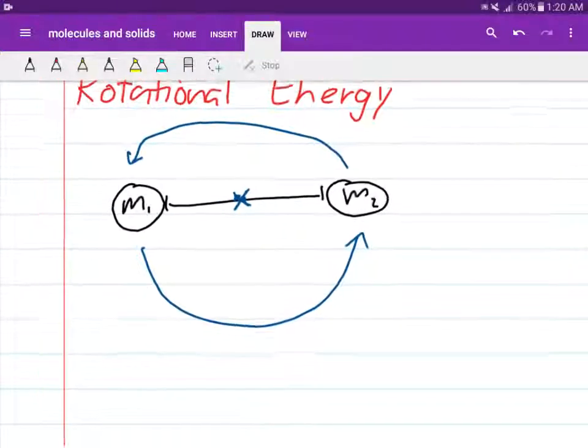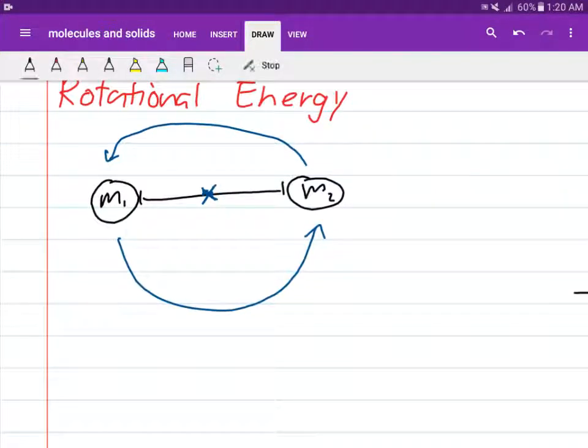We know that any object that is rotating will have an angular momentum associated with it. Angular momentum is equal to I omega, where I is the moment of inertia of this system about the axis.